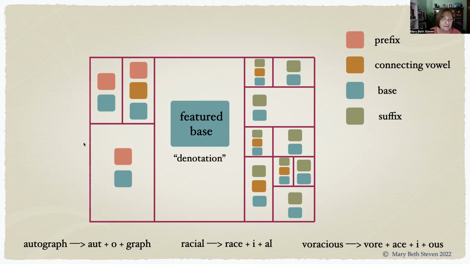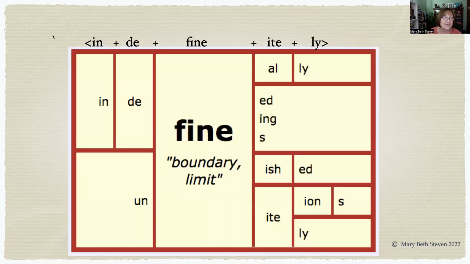All right, let's move on and look at a real live matrix full of morphemes. And here we have a matrix with a featured base of FINE, having a denotation of boundary or limit. Now you'll see that I did a word sum at the top and I kind of stretched it out. Well, there's a point for that.